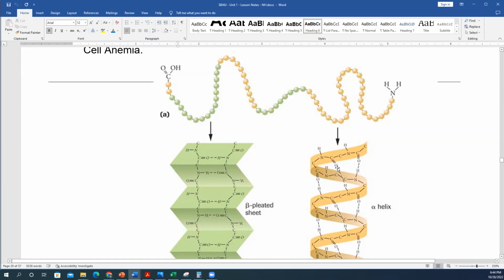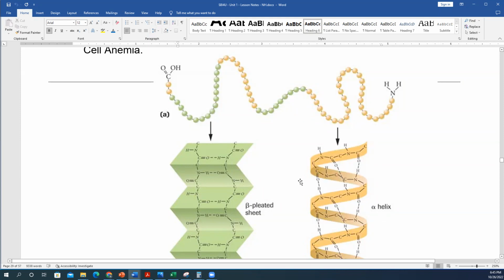It's this hydrogen bonding between the carboxyl group from this amino acid up here to another amino acid, a few amino acids down, to the amino group of that one. There are these hydrogen bonds, and they stabilize this alpha helix.